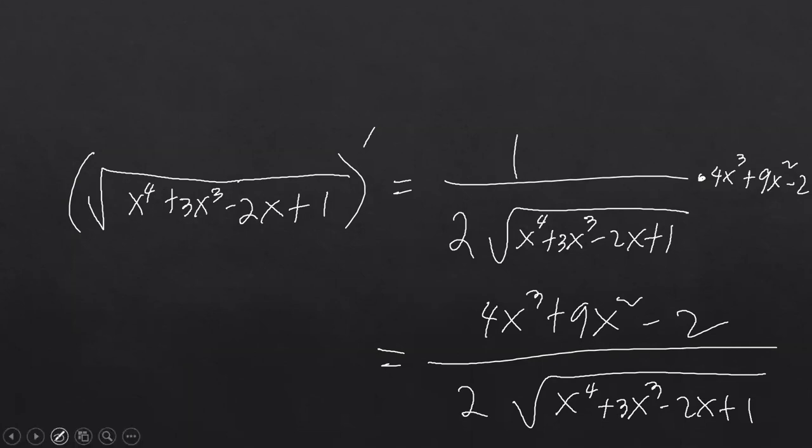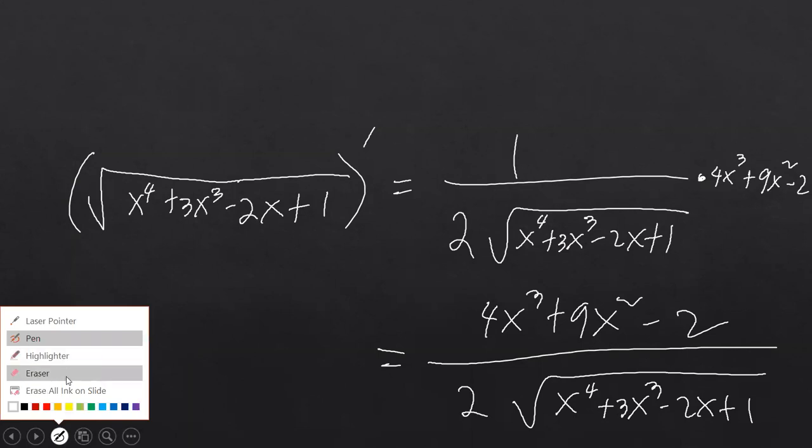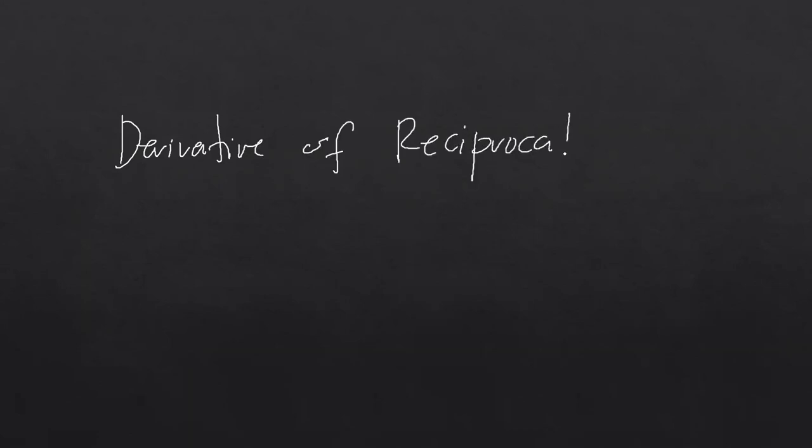And the next trick that we will be having is the derivative of a reciprocal. So if you have 1 over x and you take the derivative of that function, in the usual way of solving it, we need to rewrite 1 over x into x to the power of negative 1.